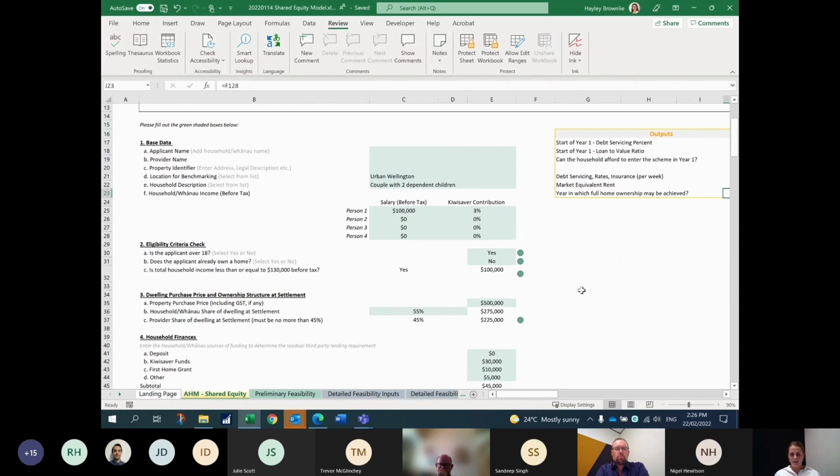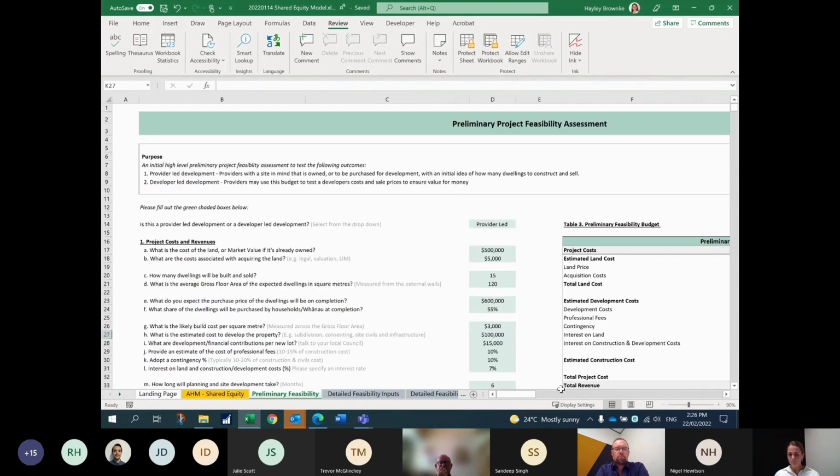I'll come back to this page on how it can be used further, but for now I'll jump into the prelim feasibility model.